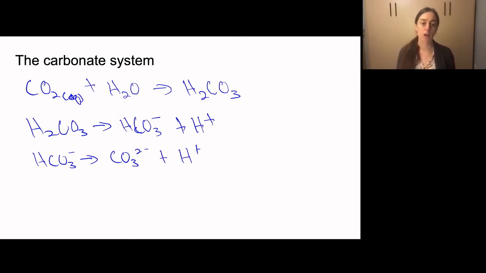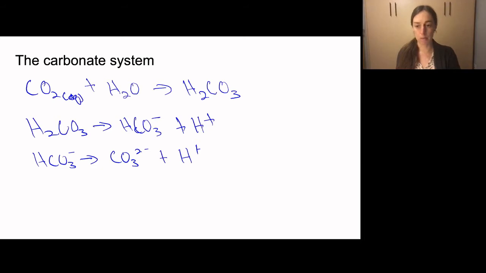Or if, conversely, for example, water is running through limestone, through some calcium carbonate, we can dissolve that calcium carbonate and we can make calcium ions and carbonate ions. So the relative concentration of our carbonate can similarly have an effect on the entire carbonate system and shift it in one direction or another.